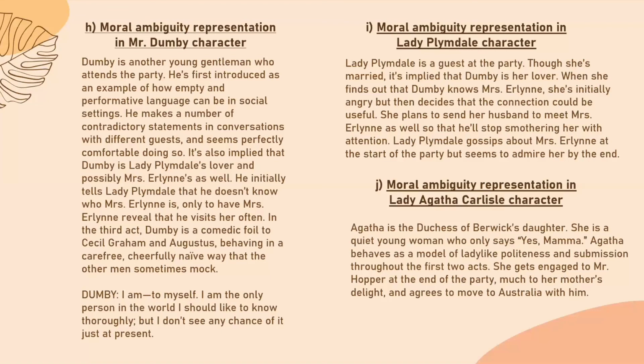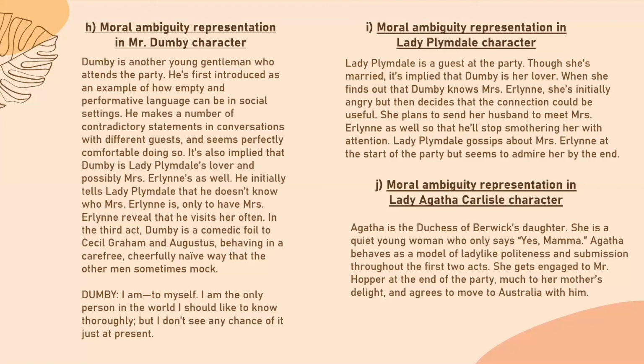Moral ambiguity representation in Lady Agatha Carlisle's character. Agatha is the Duchess of Berwick's daughter. She is a quiet young woman who only says "yes, mama."